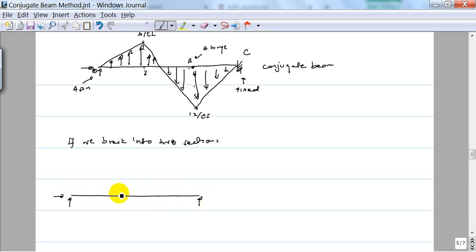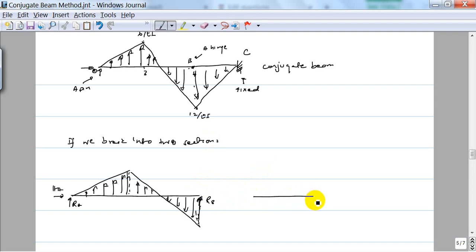So this is my load acting on that section. Here we have RA, HA, and here RB. Now we can solve this one and find RB.